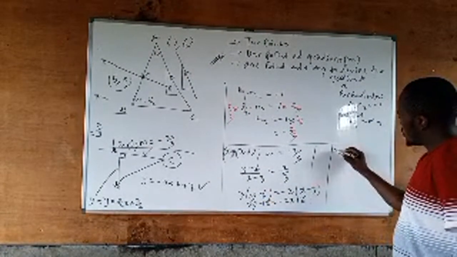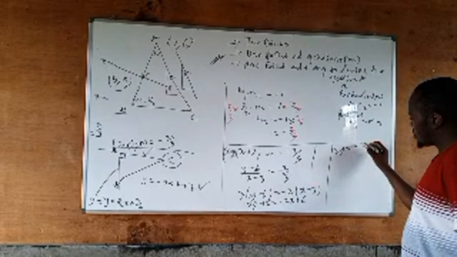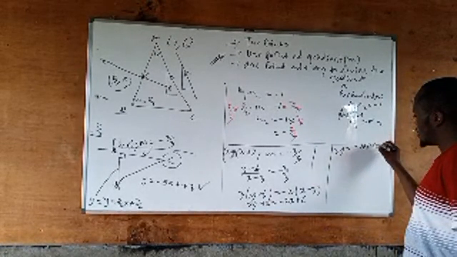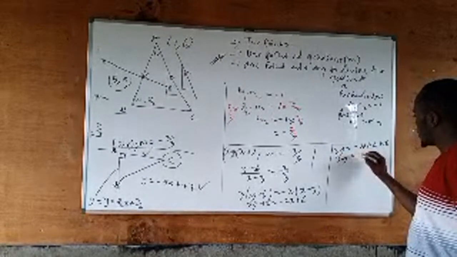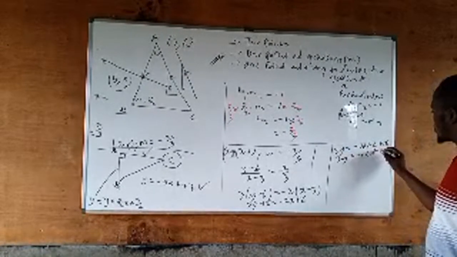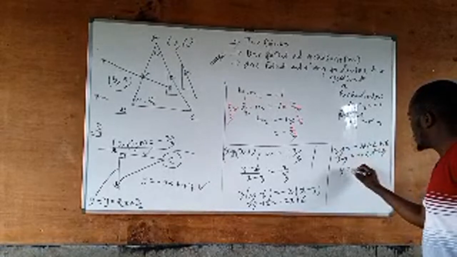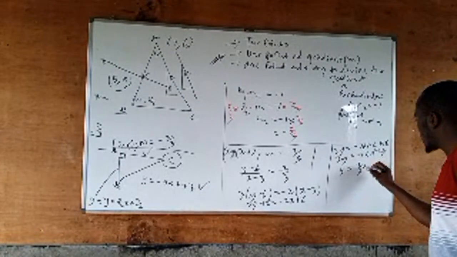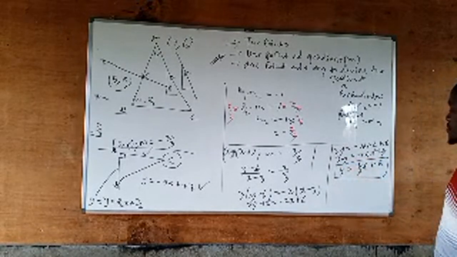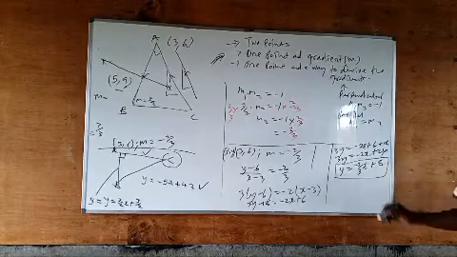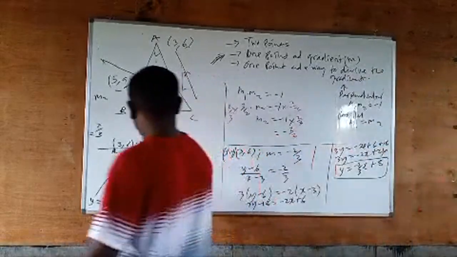So you have 3y equals to negative 2x plus 6 plus 18. 3y equals to negative 2x plus 24. Y equals to negative 2 over 3x plus 8. So this is the equation of this line.